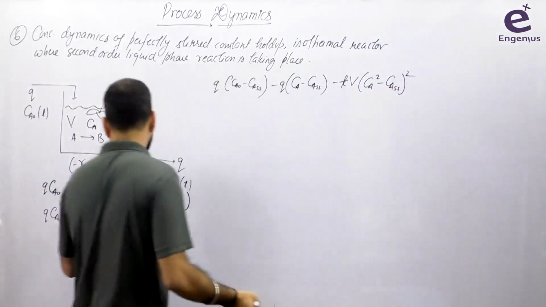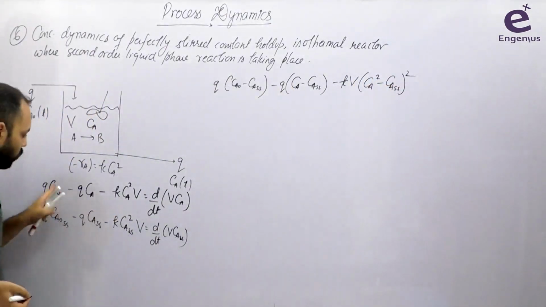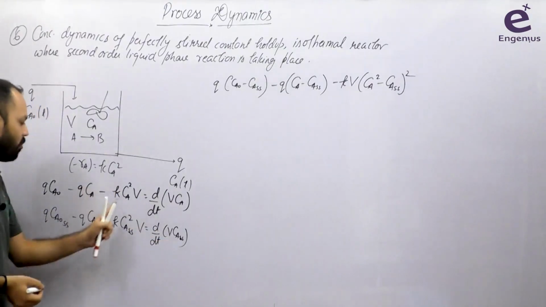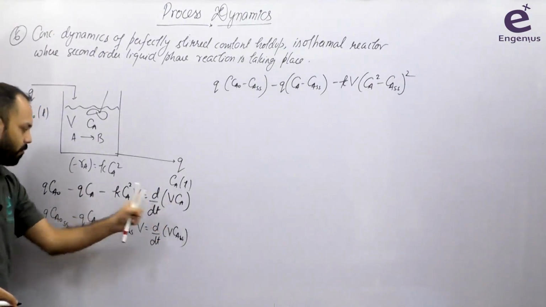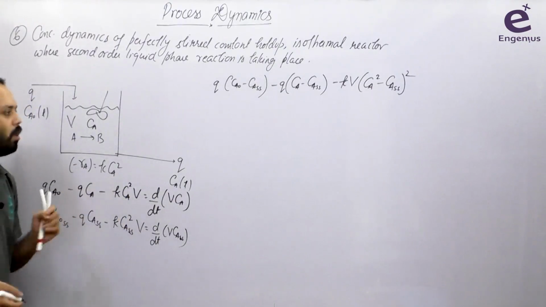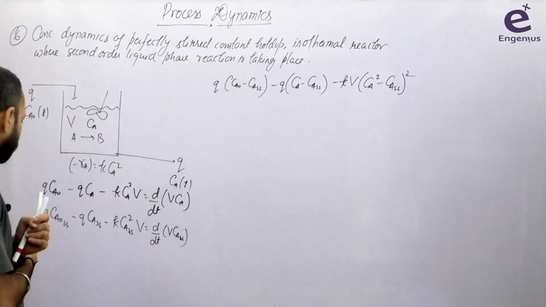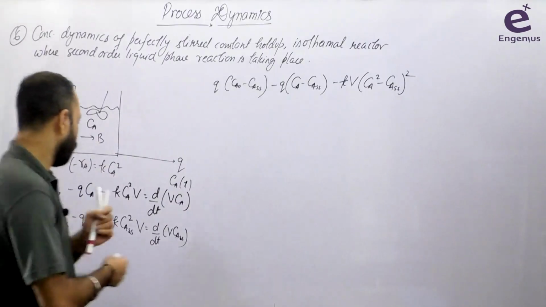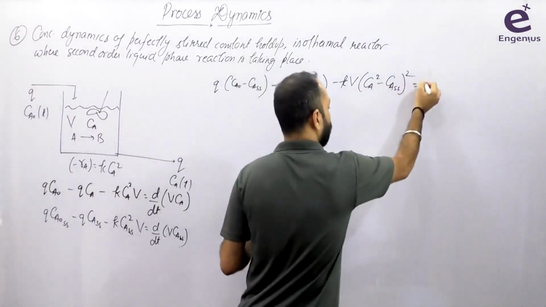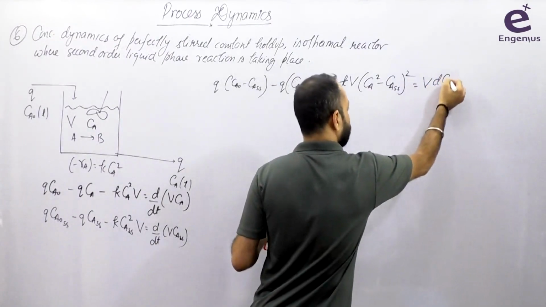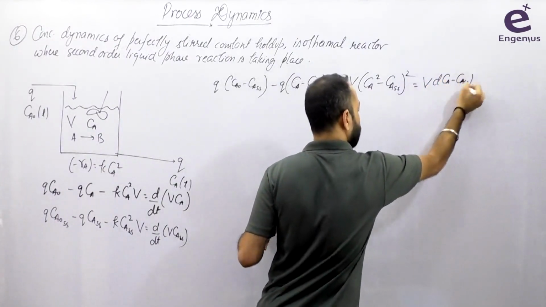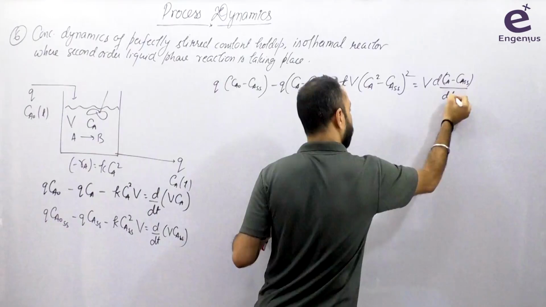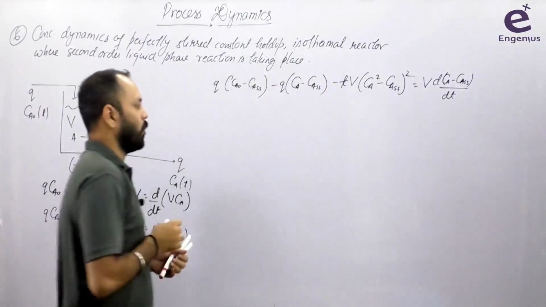See, is this equation linear or non-linear? Again, this equation is non-linear, and the non-linearity is caused by this term because this is the dependent variable and its degree is not equal to 1, right? So, minus kV Ca square is equal to V d(Ca minus Ca SS) by dt. Fine. Now where is the problem?